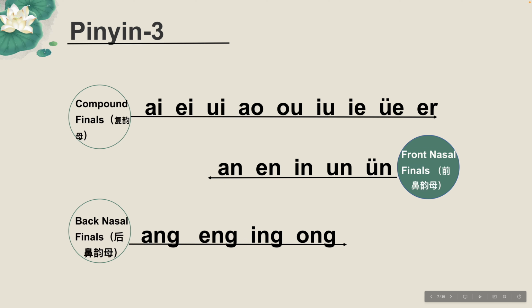When you pronounce the compound finals, you actually just pronounce each of them and combine them. For example, this is ai, ei, ao, ou, ia, ie, er.